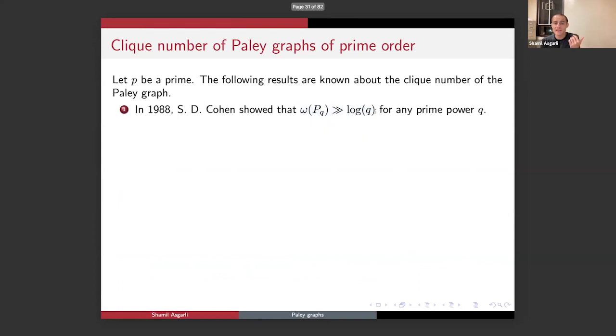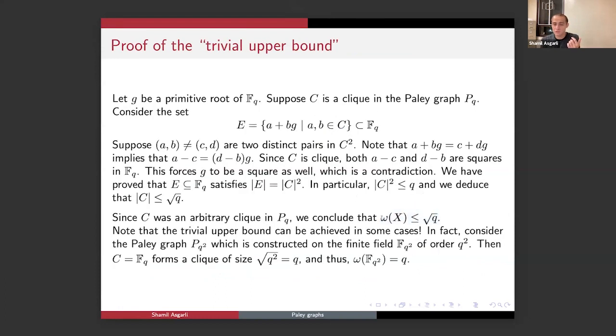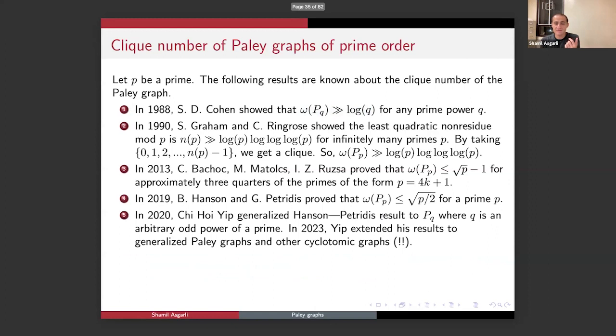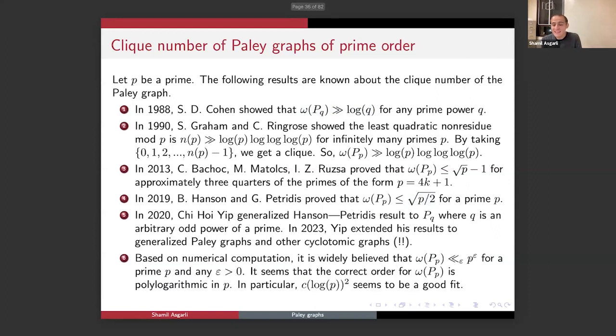Because the upper bounds are things like the square root bound or the Hanson-Petridis bound. These are like square root of p. But in reality, it seems like the clique number is tiny. In fact, it seems that the correct order of the clique number of a Paley graph of prime order is polylogarithmic in p, which means it's a polynomial function in log p.